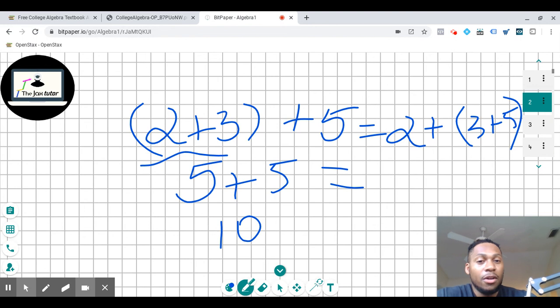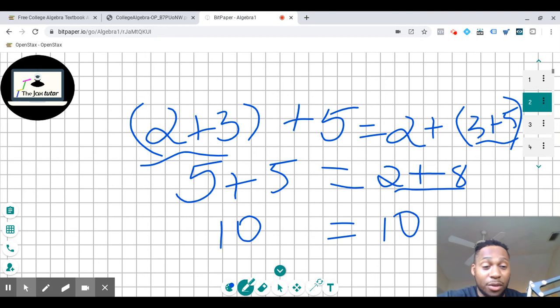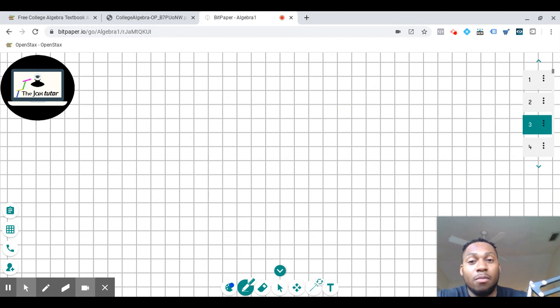On the right side, we'd leave the 2 here. 3 plus 5 is 8, and 8 plus 2 is 10. So 10 is equal to 10. That means addition is associative.